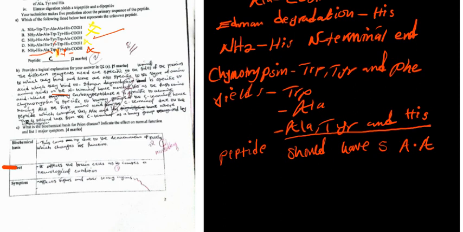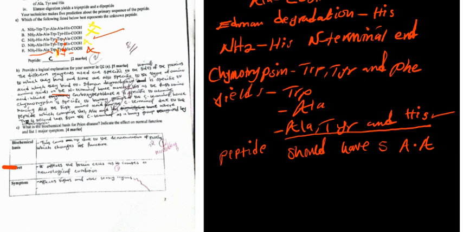Then you cut also after tryptophan, since you are cutting after every aromatic amino acid. So you remain with the alanine alone, tryptophan alone, and this long fragment, which was the tripeptide that was mentioned, histidine, alanine, and tyrosine. So C was the correct answer.